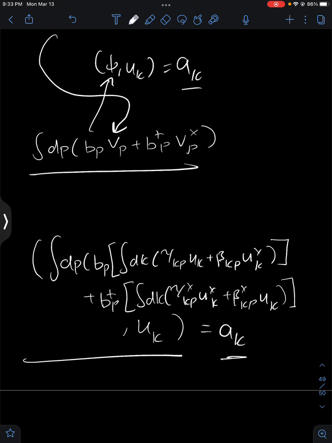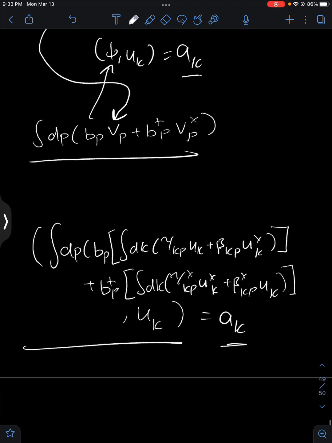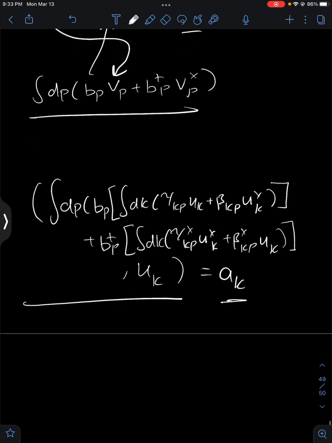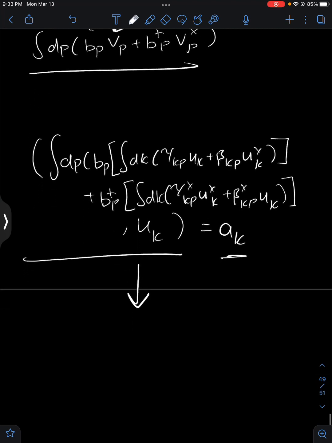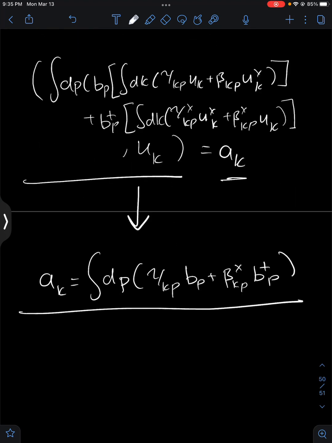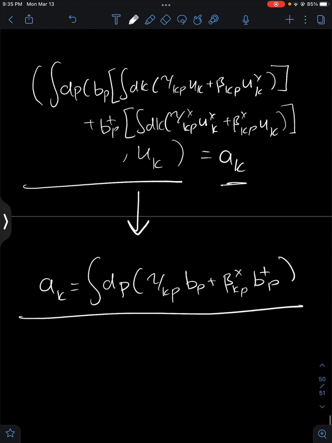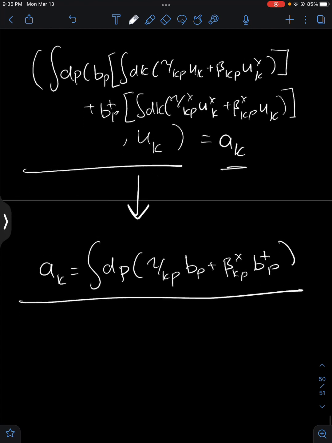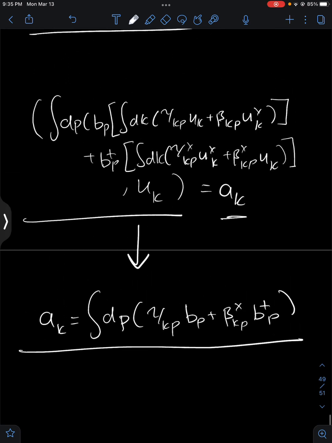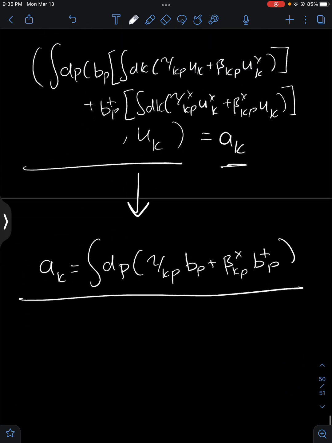So we've related a_k with b_p and b conjugate p already, and all we have to do is expand that by taking that inner product. If you were to actually do that, you would get this right over here. And this is the Bogoliubov transformation with a_k and b_p. So yeah, that's how you derive the Bogoliubov transformation.